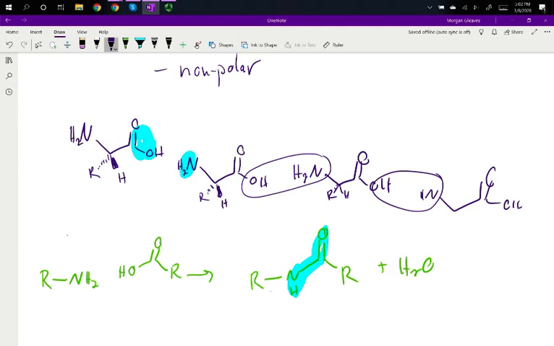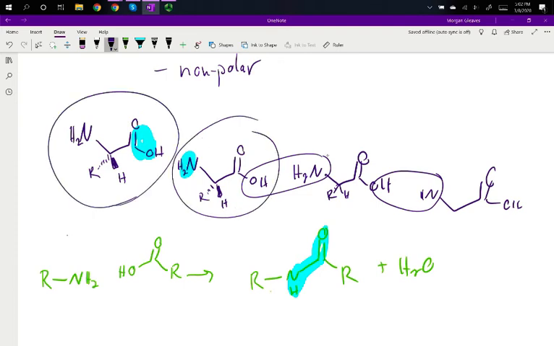So you would take your first amino acid, link it to your second one to make your first amide, then take the end, link it to your third to make another amide, take your fourth and link it on the end to make a fourth amide. You can just keep doing this.